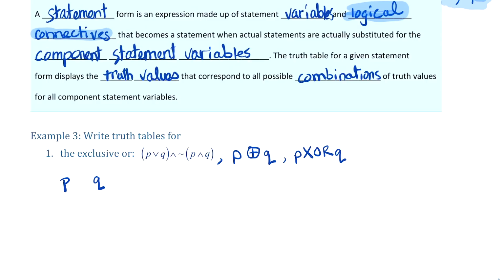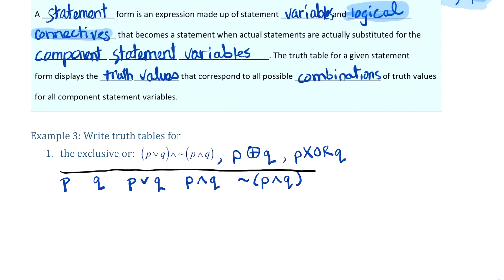So I'm going to go like this: P or Q, P and Q, and then the not P and Q. And then I think we'll have pretty much everything. So what you do is this. Here's our starters, okay? We're going to basically do one more entry over here.